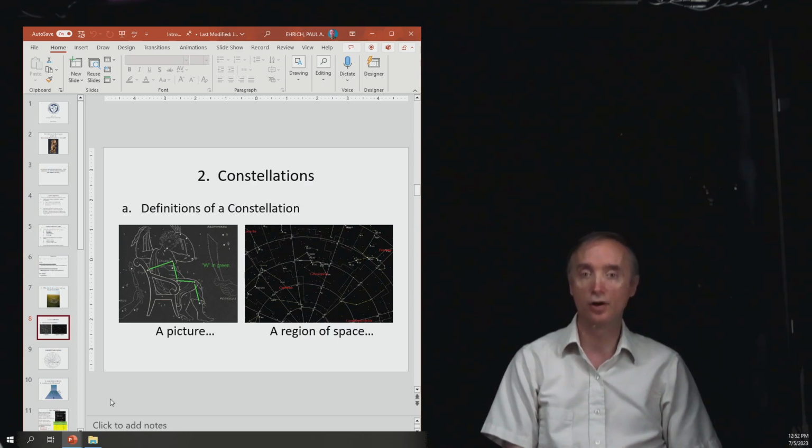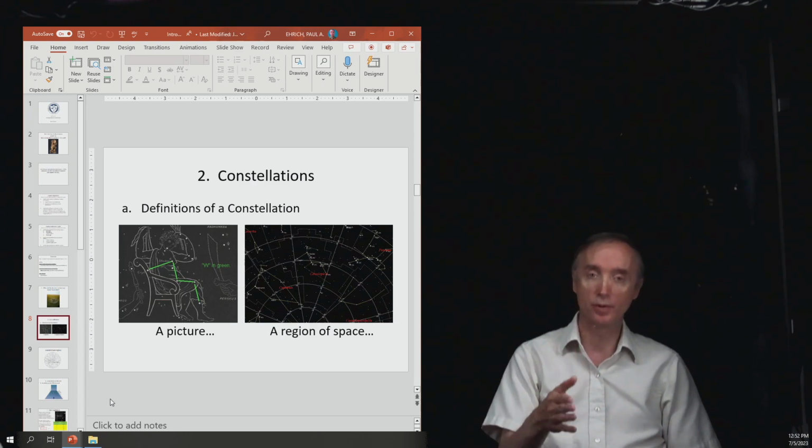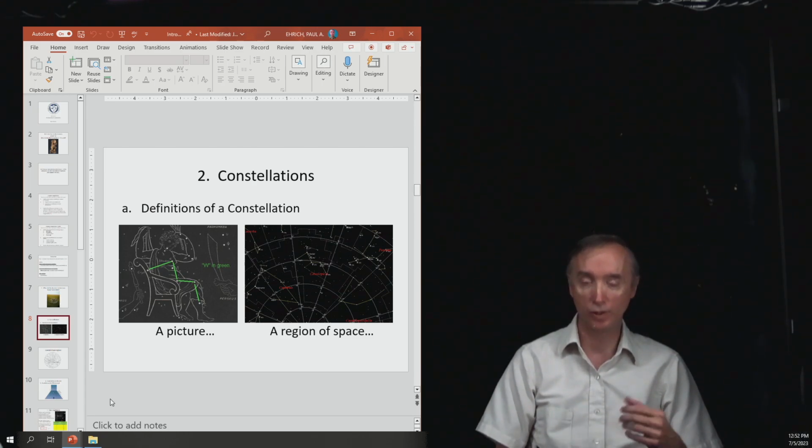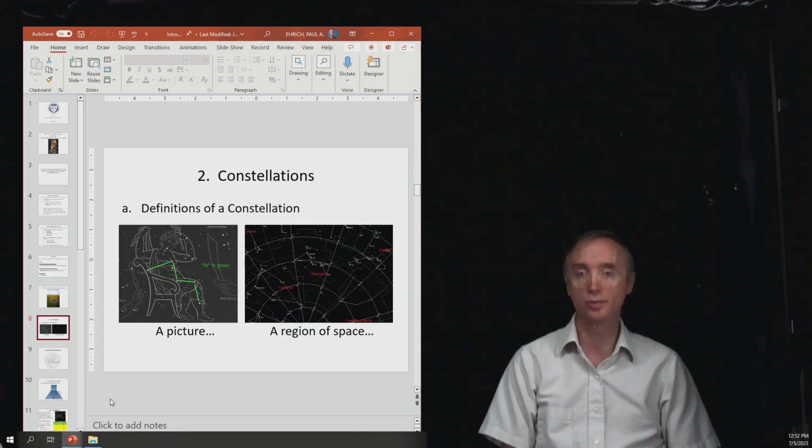In the picture on the left-hand side you see that W, which is the traditional constellation of Cassiopeia. But the modern definition would be any star that is in that particular region surrounding that W, and we consider all of those stars to be part of the constellation Cassiopeia.